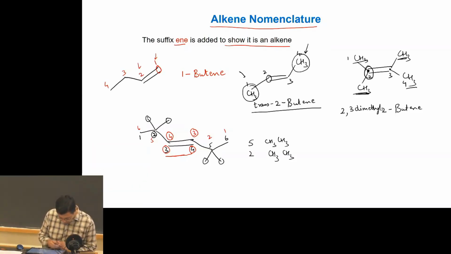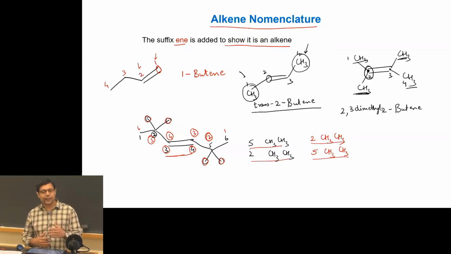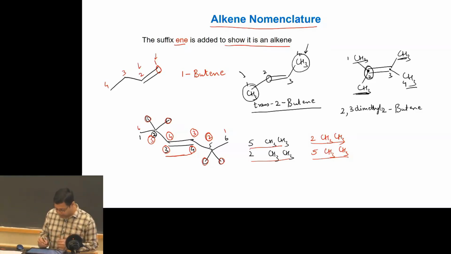In the red way of numbering, at carbon 2, you have 2 CH3s. At carbon 5, you again have 2 CH3s. So as you can see, the position of the double bond as well as where the substituents are attached is exactly the same either way you number the chain, right? So you can use either one, you will get the same answer.